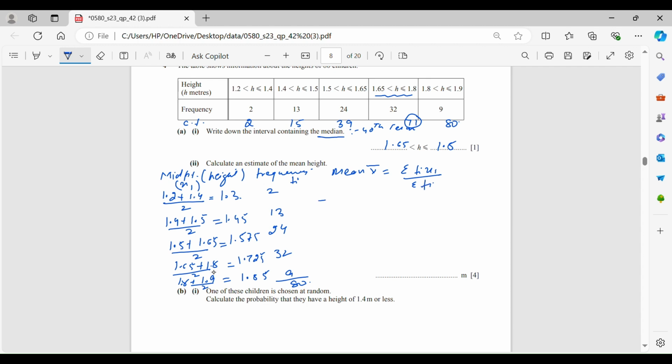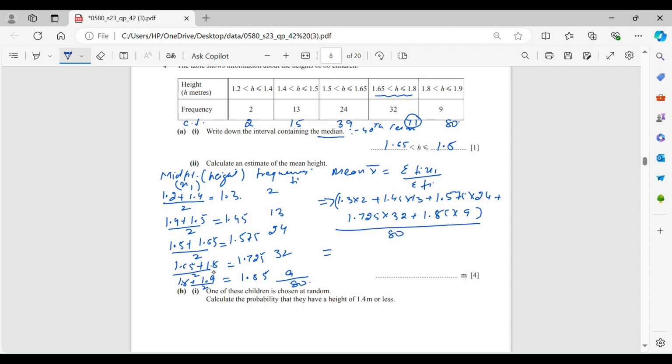So this will be equal to 1.3 into 2 plus 1.45 into 13 plus 1.575 into 24 plus 1.725 into 32 plus 1.85 into 9, over 80.